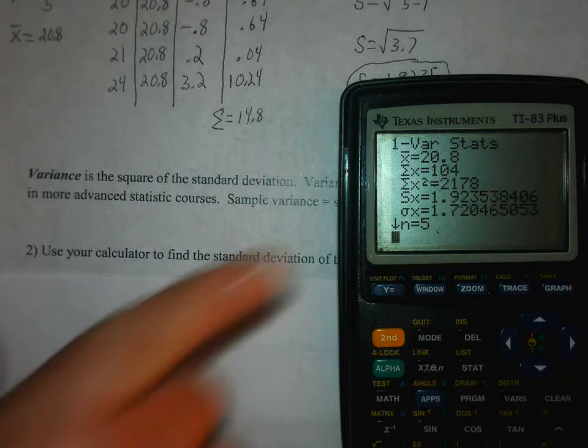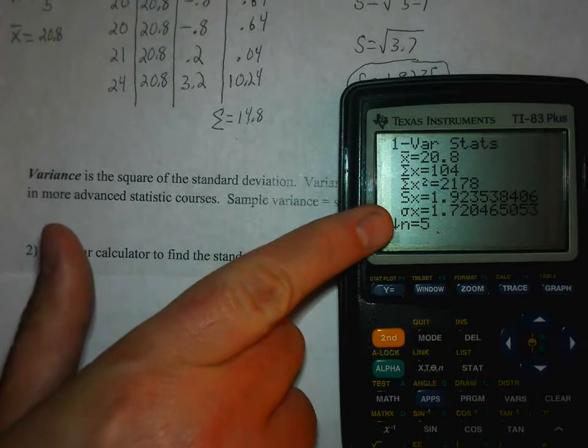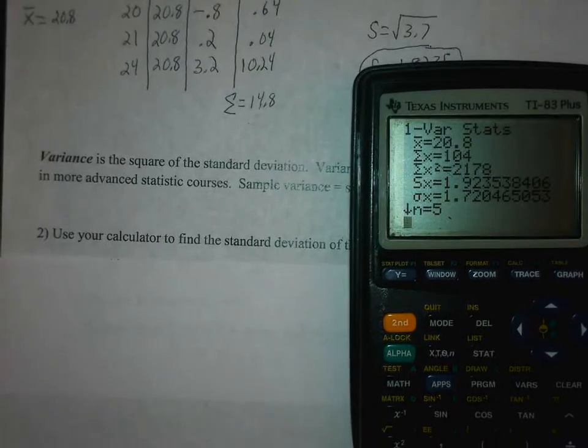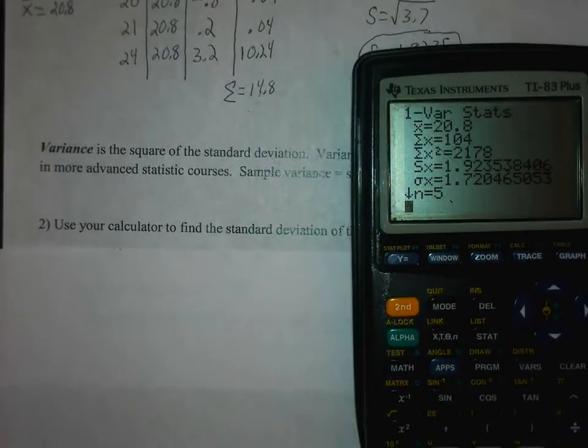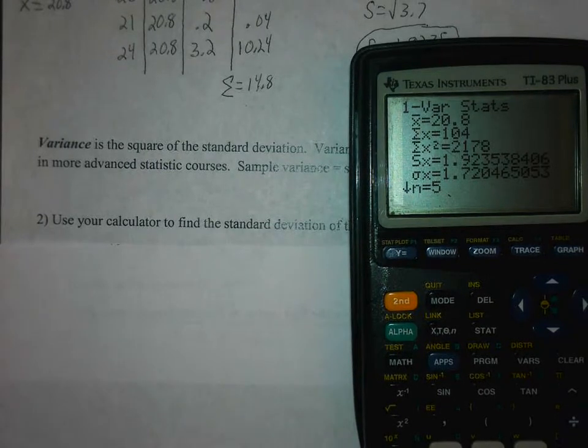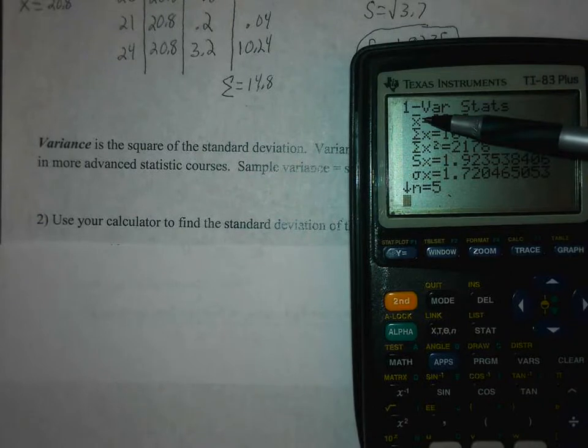Either way, you should get these values on your calculator screen. So X bar, that's your sample mean. I'll point out that your calculator does not know when you enter a list whether it's a sample or a population. So it's going to give you X bar every time.